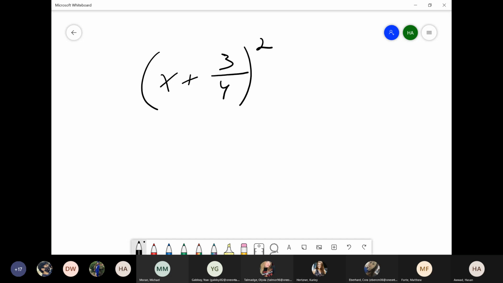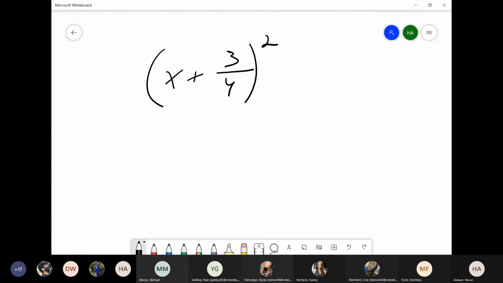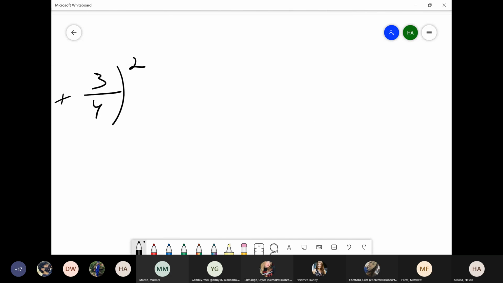Okay, so again, to get us started, we have x plus 3/4 quantity being squared, right? If you have something being squared, what does that tell you? If I had, for example, just 7 squared, don't even tell me the answer, what does this actually mean? 7 times 7. Yeah, exactly.